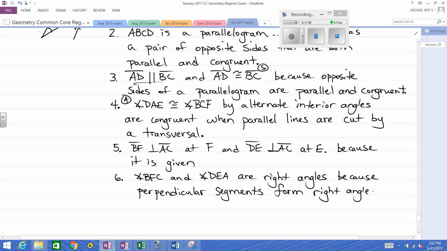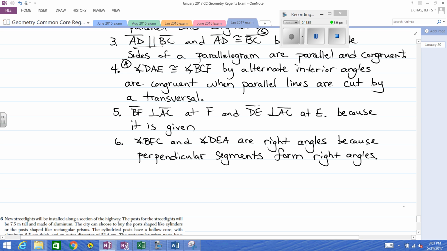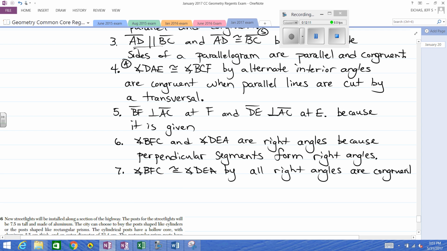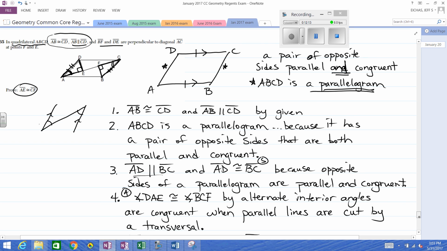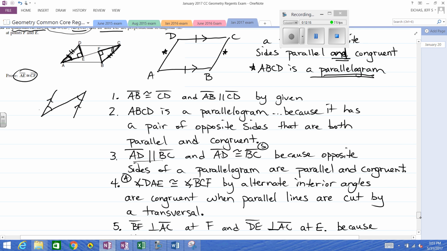All right, now we can say angle BFC is congruent to angle DEA, and that's by all right angles are congruent, or you could say right angles congruence theorem, something like that. All right, what did we just accomplish?